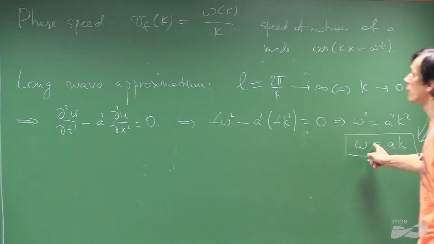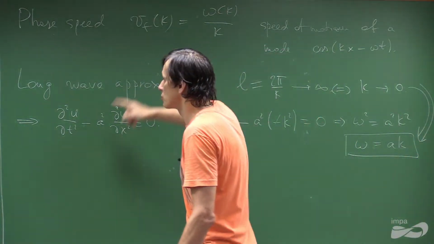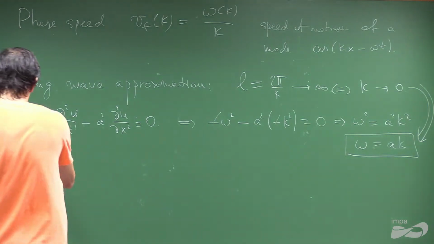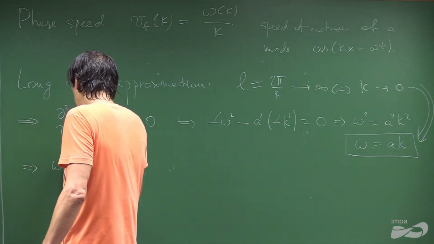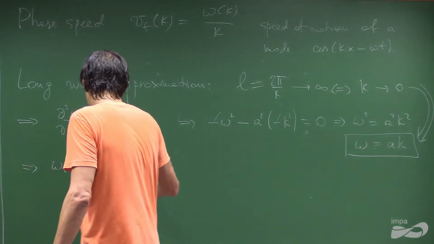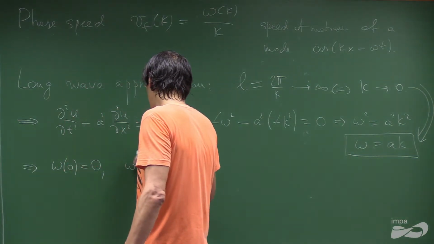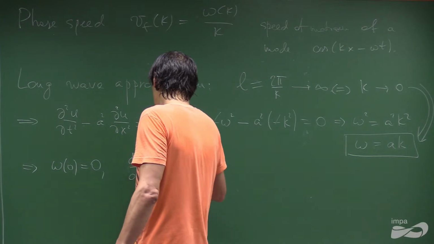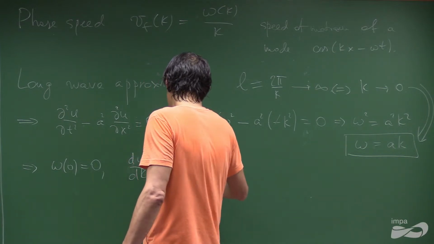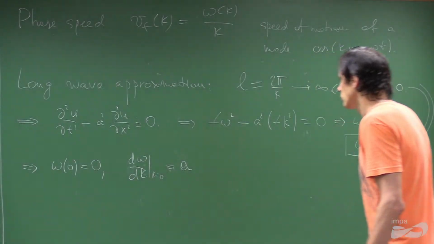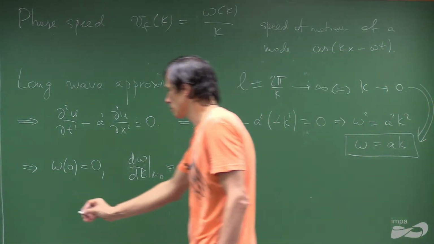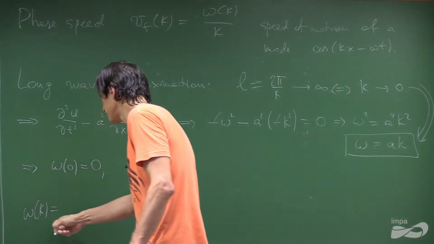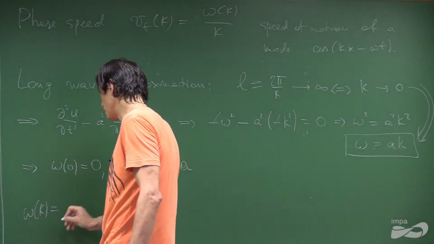So how you get this relation from a general law just means that omega at 0 is 0, and d omega dk at k equals 0 is a. If you have these two conditions, then you can expand the dispersion relation in a Taylor series.